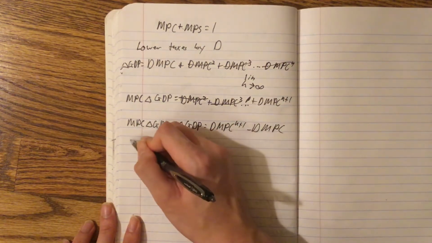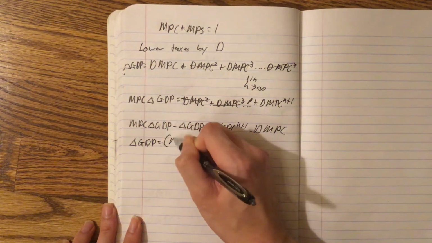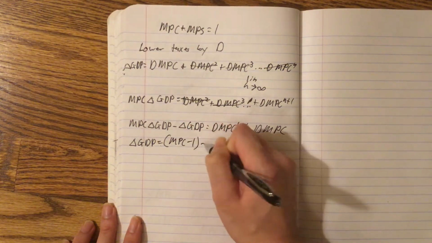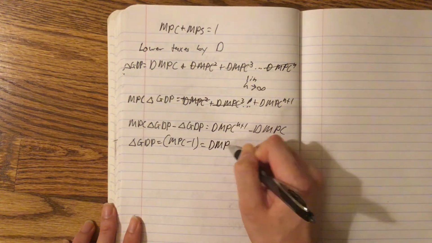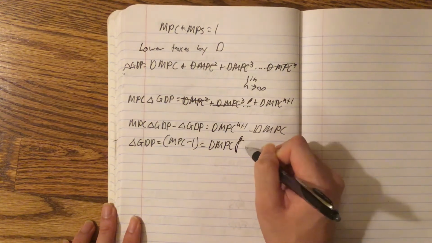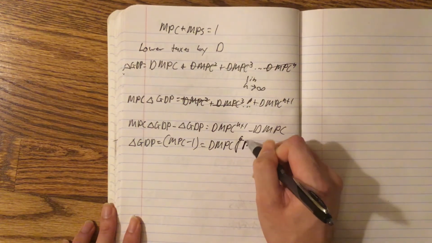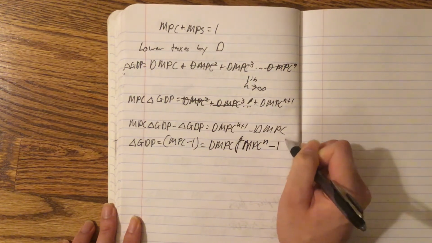So let's factor out the change in GDP to get change in GDP times MPC minus 1 equals, and let's factor out D MPC to get D MPC times MPC to the n minus 1. All right.